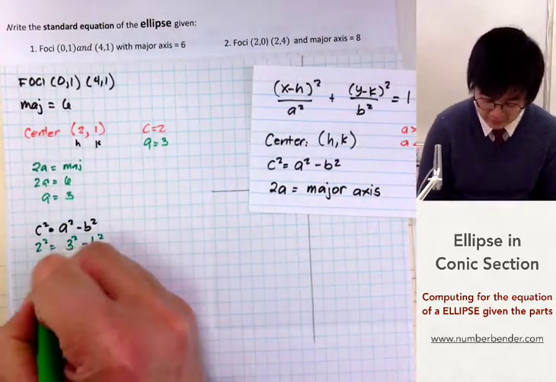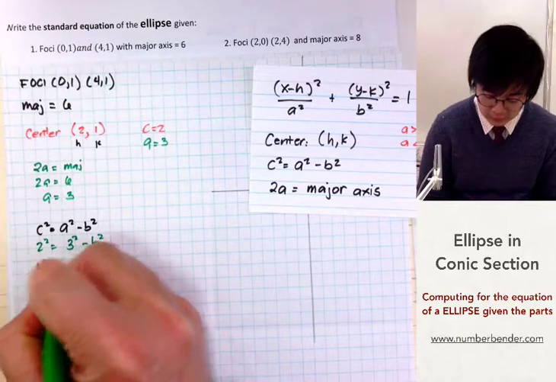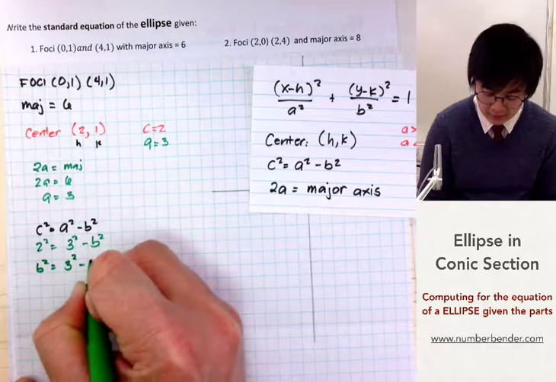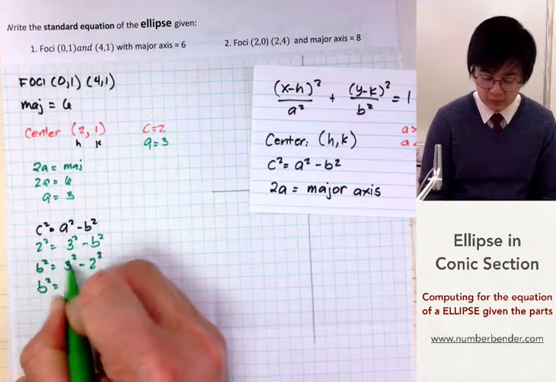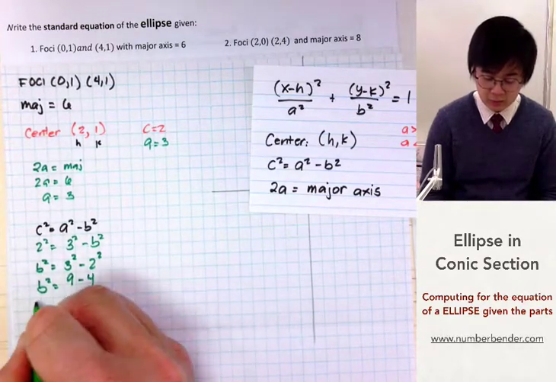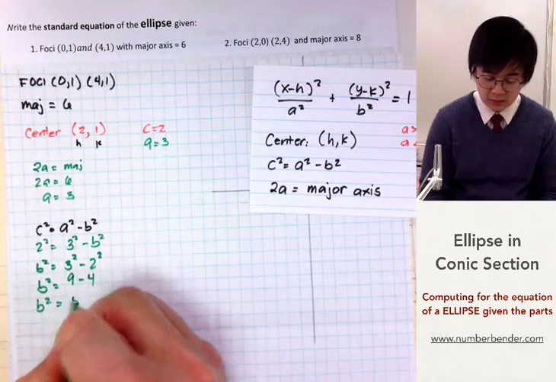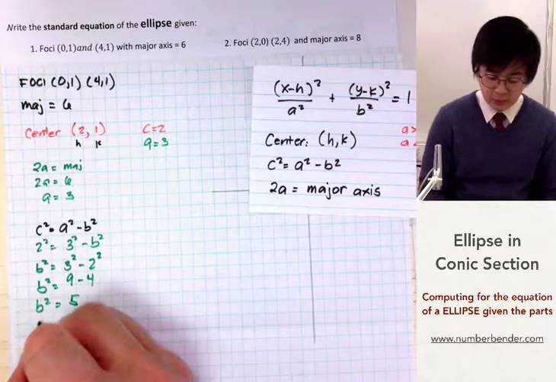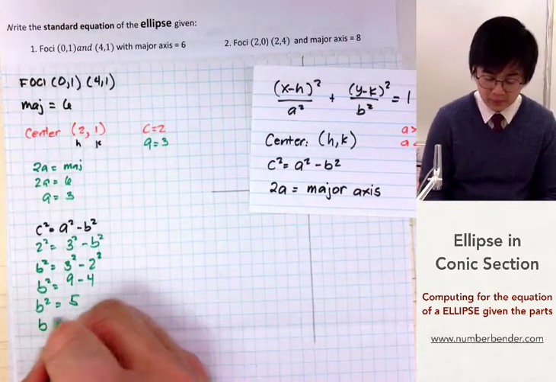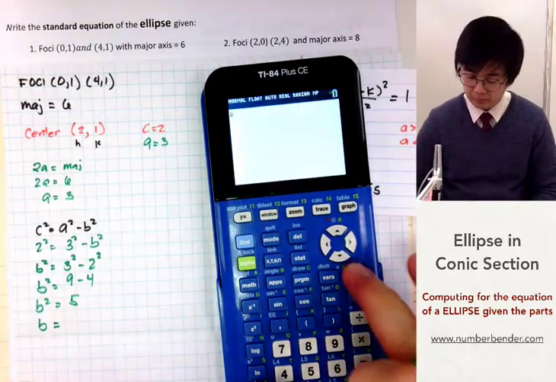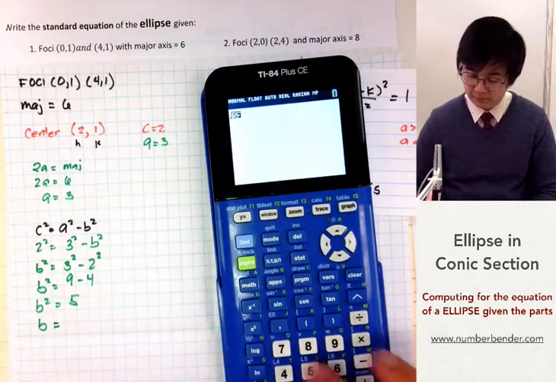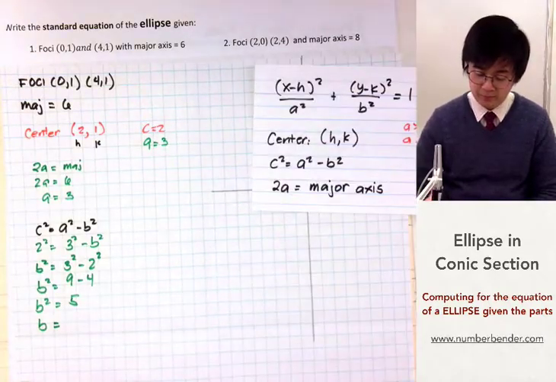So b squared equals 3 squared minus 2 squared, and b squared equals 9 minus 4, which gives us 5. If we take the square root, b would equal the square root of 5, which is 2.23.